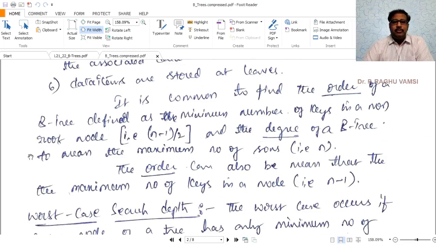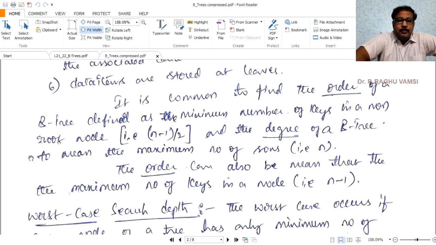It is common to find the order of a B tree defined as the minimum number of keys in a non-root node, that is n minus 1 by 2, and the degree of a B tree to mean the maximum number of sons. So the order of a B tree is defined as the minimum number of keys in a non-root node.